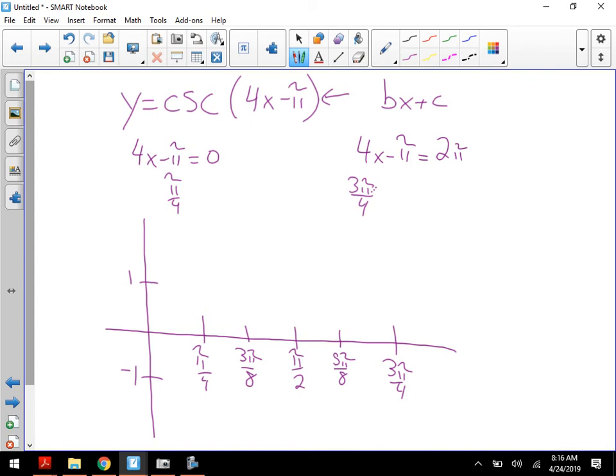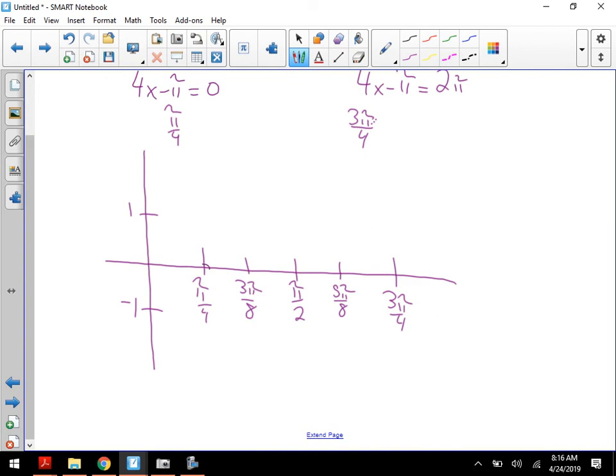My sine graph always starts at 0. In this case, the 0 spot starts at pi over 4, because we've already pre-shifted it. Then it goes to here.